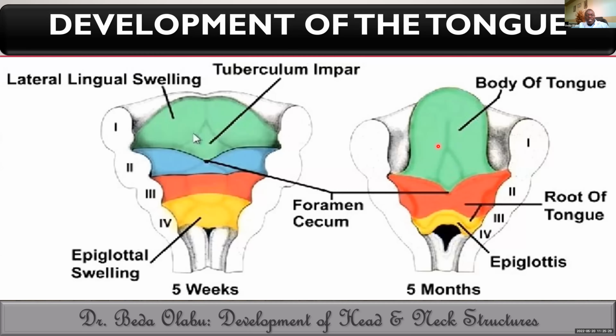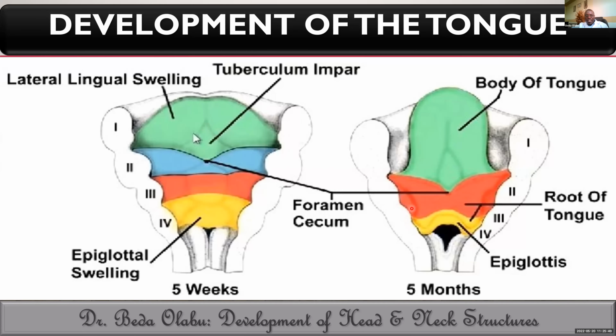So mandibular nerve will supply the anterior 2/3 of the tongue for general sensations. The nerve of the second pharyngeal arc, which is facial nerve, via its branch chorda tympani, is the one that will supply the taste buds in the anterior 2/3 of the tongue.